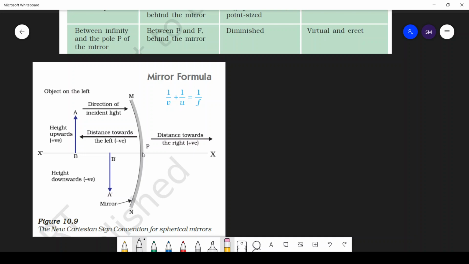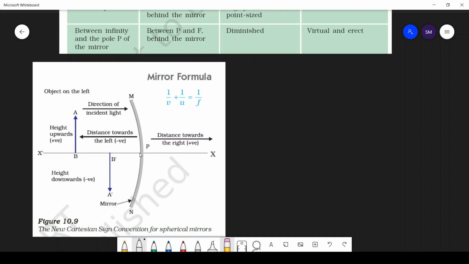It is such a simple thing, you always have to stand at the pole. Now the object is here, so you will always be moving from the pole to the object. Now in which direction are you moving? Rays are going from left to right, but you are moving from right to left.